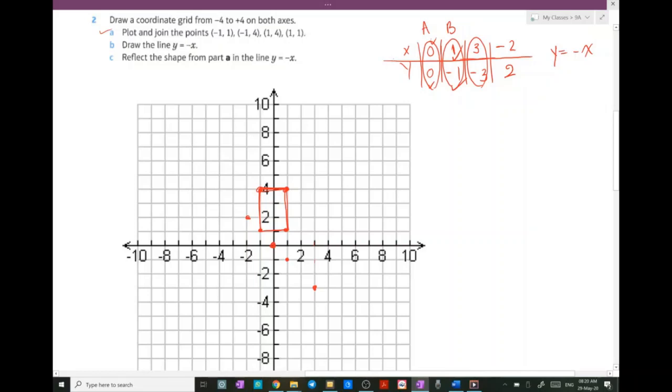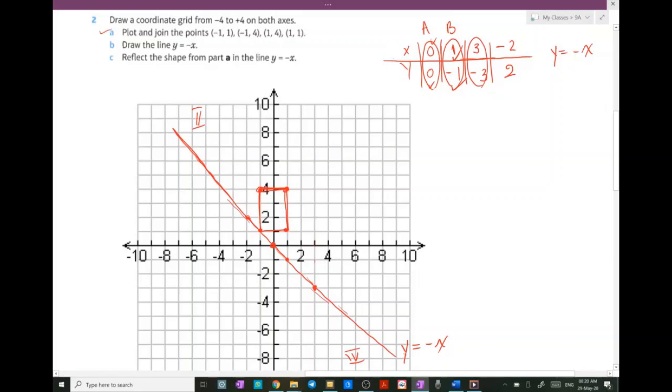You connect these points, and you would get the line whose equation is y equals minus x, and it is the angle bisector of the quadrant 2 and the quadrant 4.